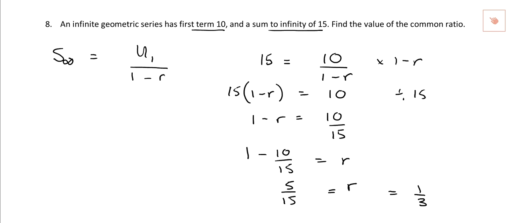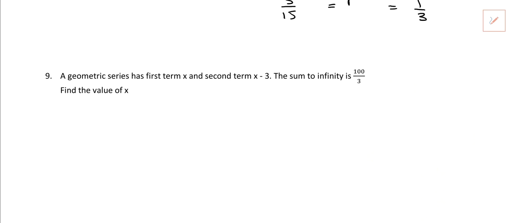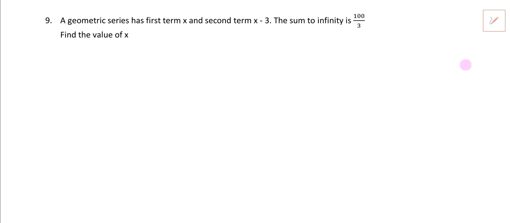All good with what I just did there? That sets you up for the next one. I think it's the last one, wasn't it? Yeah. The last one was really checking, for the top end, whether you remember how to deal with your algebra. But it leads on from the previous question. So same thing again. Geometric first term, the sum to infinity, so we've got S infinity is u1 over 1 minus r, so we set it up now.